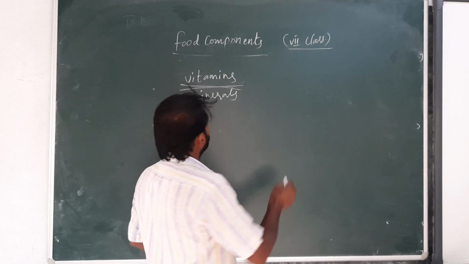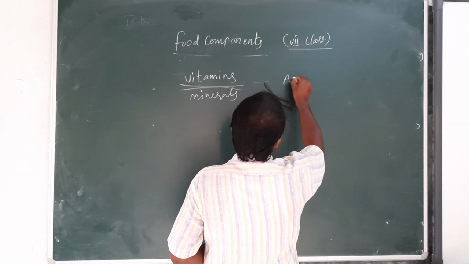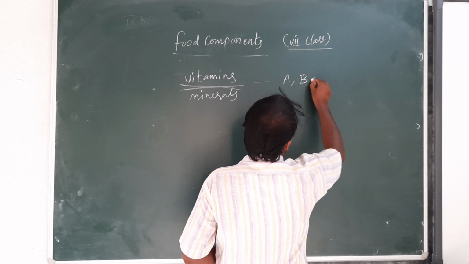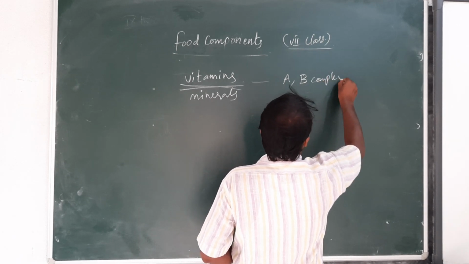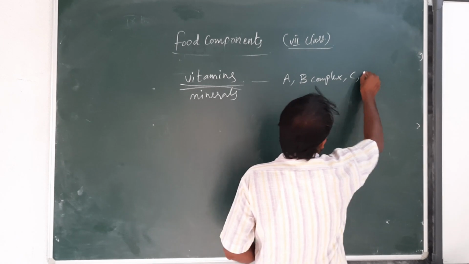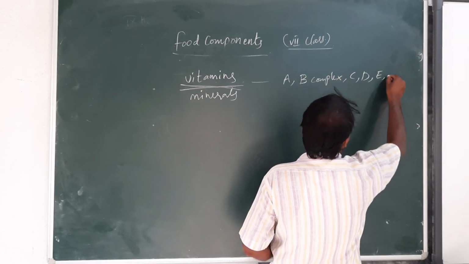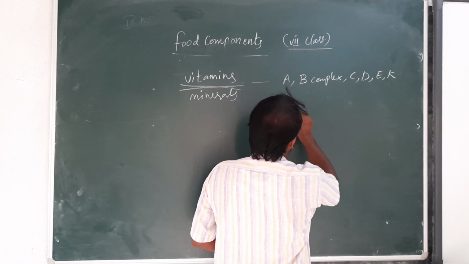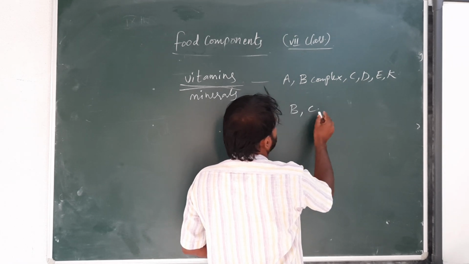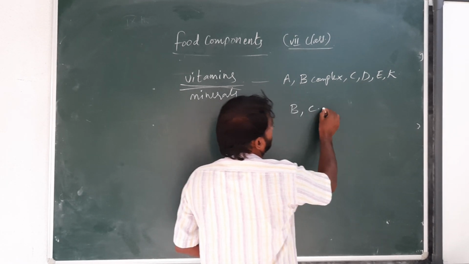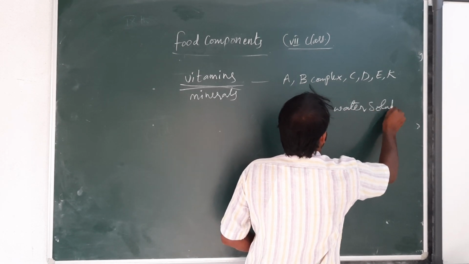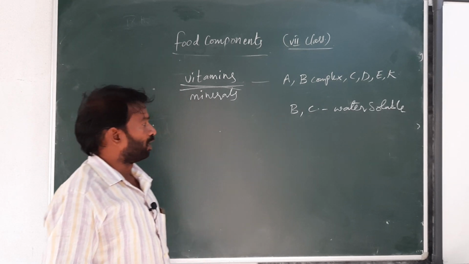We can classify vitamins as A vitamin, B complex, C vitamin, D vitamin, E vitamin and K vitamin. B complex and C vitamin are the water soluble vitamins.